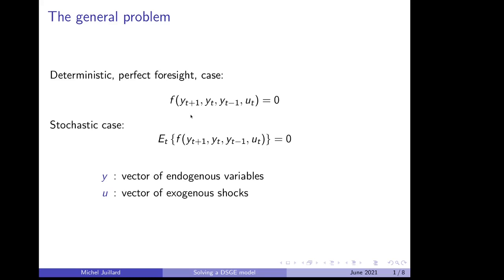The stochastic case is different. In a given period, the ut, the exogenous variables, are drawn randomly. And if in the next period the same thing happens, of course, yt plus 1 will become random, even from the point of view of the conditional expectation at period t.